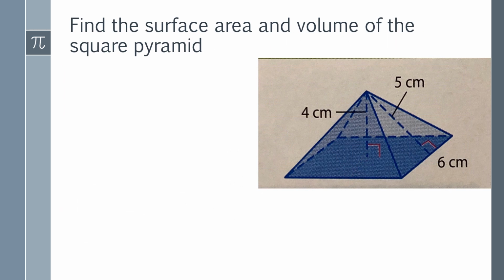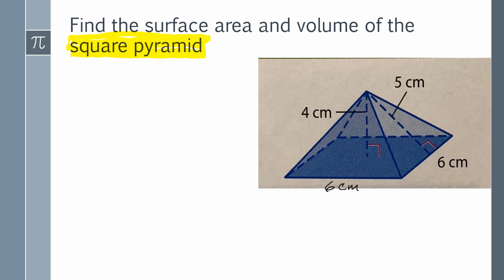The question asks us to find the surface area and the volume of the square pyramid. This is an important piece of data right here: square pyramid. What this tells us is the base of the pyramid is a square. Why is that important? If this side is 6, then this side is also 6.